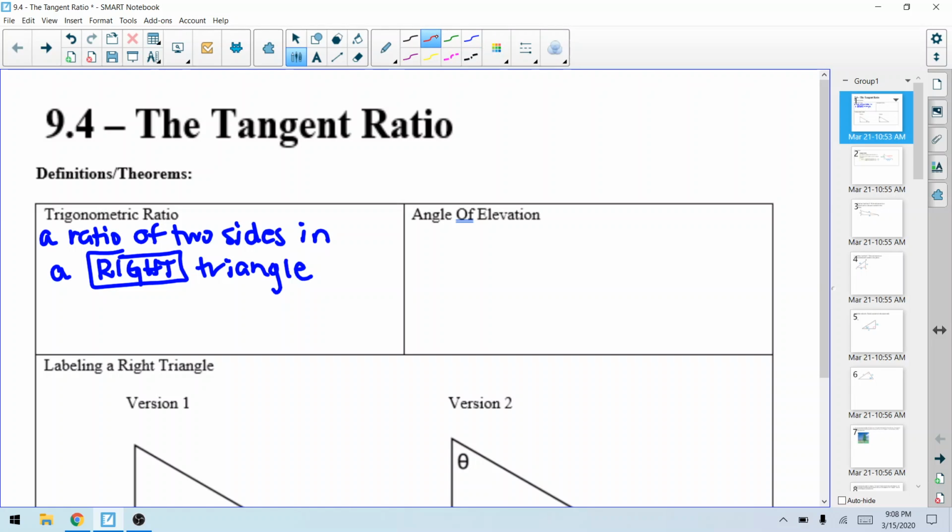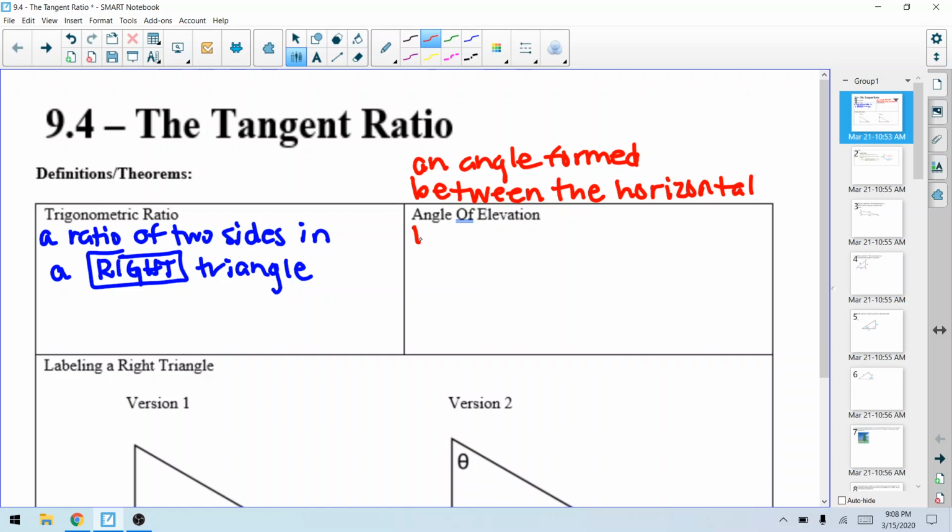An angle of elevation is an angle formed between the horizontal and looking up.